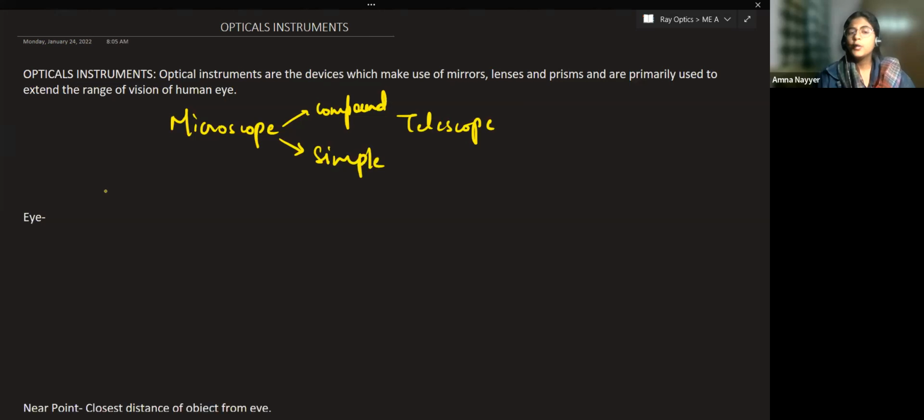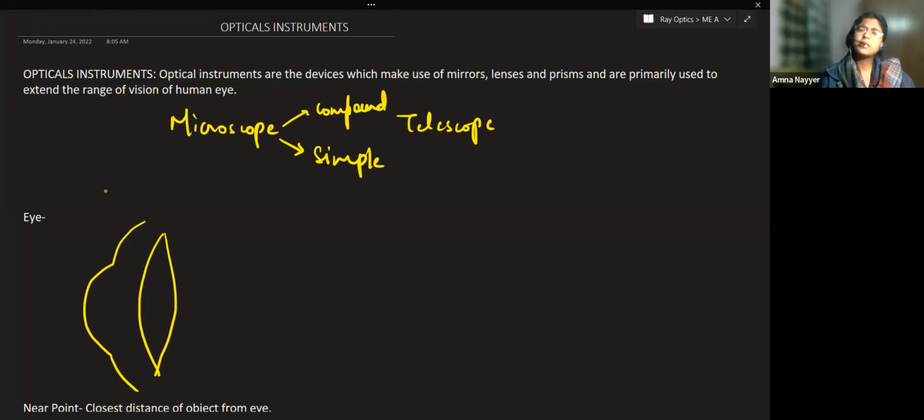Now see, the human eye is not included in your course now. Human eye has been deleted. But just the basics of the human eye: your eye lens, by which you are able to see objects clearly, is actually a convex lens, which we have studied in detail. Lots of things are present when you draw the actual structure of the eye, which I'm not drawing.